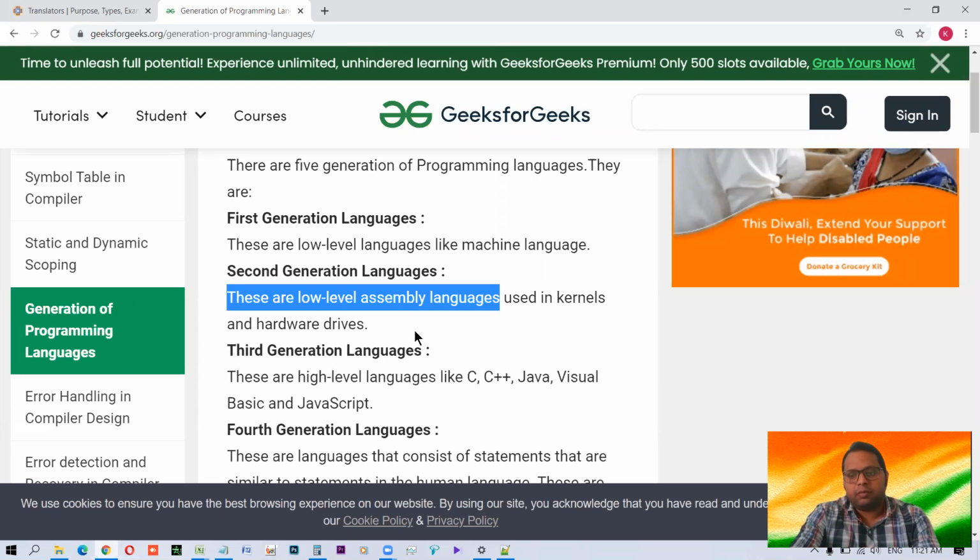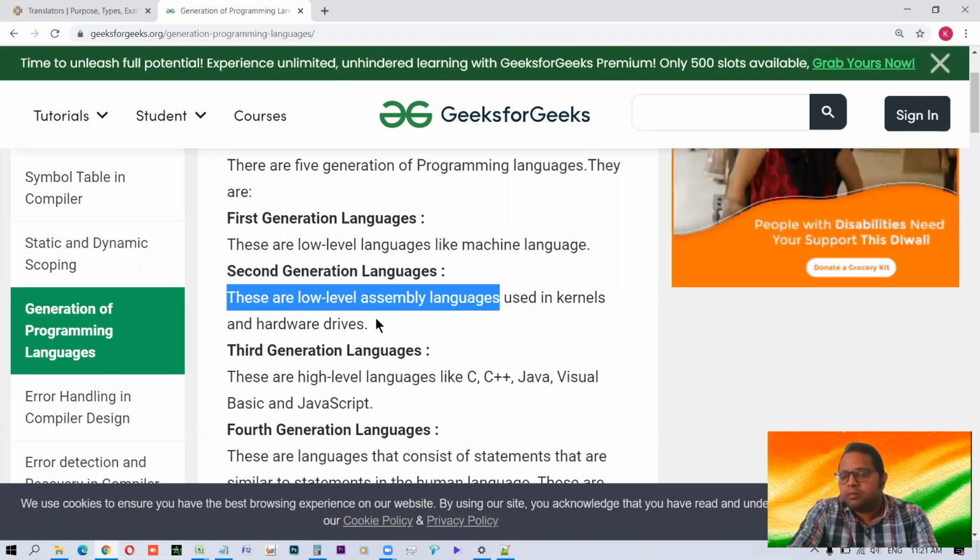So instead of memorizing the sequence of 0 and 1, which was there in the first generation of language, which was a troublesome task for the programmer, for any human actually, it became a little easier for the programmer to remember the codes and other things to work with a computer. But yet, the main thing is the computer directly understands only binary. It doesn't understand anything other than binary.